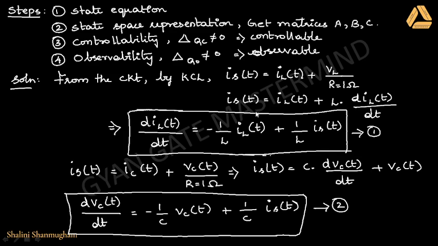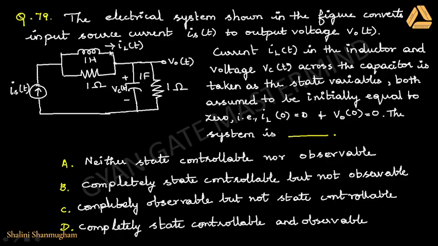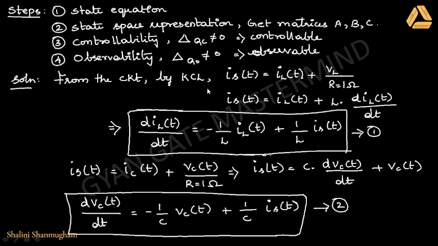Coming to the actual solution, we are going to apply the KCL. From this, Is of t is given by IL of t plus VL divided by R. I am keeping the differentiation term on the left and bringing all other terms to the right hand side.